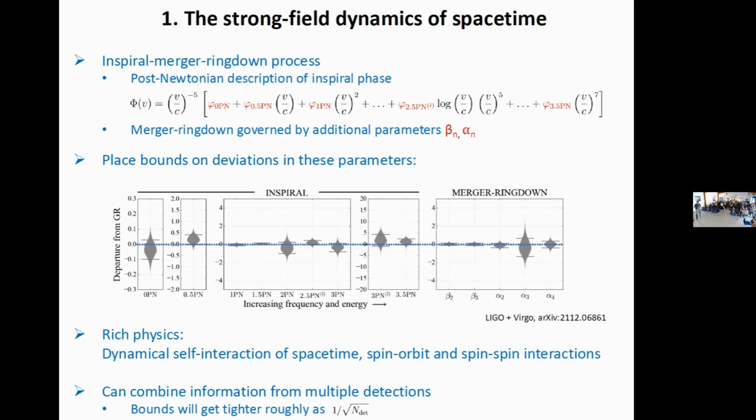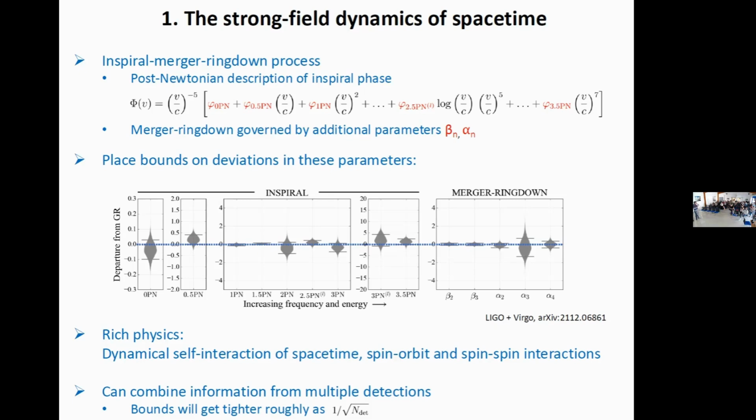Now, there's rich physics in here. My favorite coefficient is this one, 1.5 PN, not only because it is the best measured so far with 10% uncertainty, but also because that is the lowest order in this expansion where the dynamical self-interaction of space-time kicks in. That's important physics. And also spin-orbit interactions, and then starting from 2 PN, spin-spin interactions, and so on.